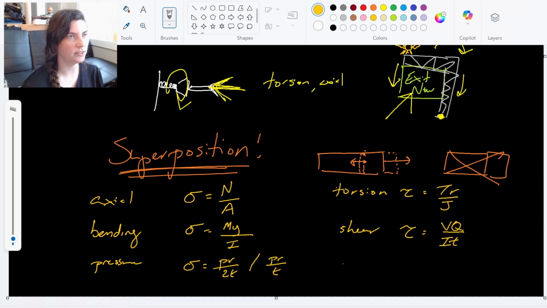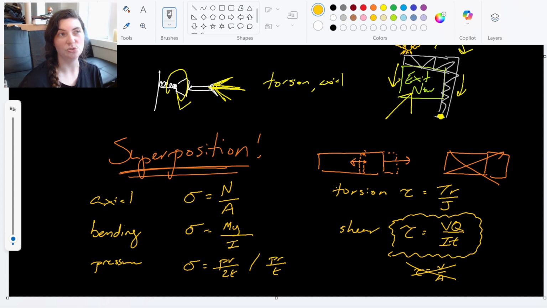And this one, I think, is the shear equation that will come up most often. We did originally learn the average shear stress was V over A, but most of the time you'll be seeing this shear instead, the exact shear equation instead of the general shear equation.